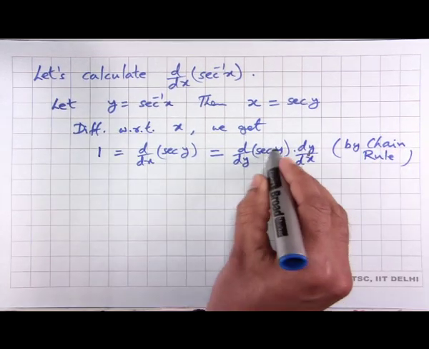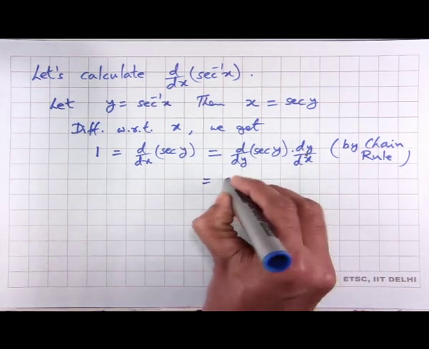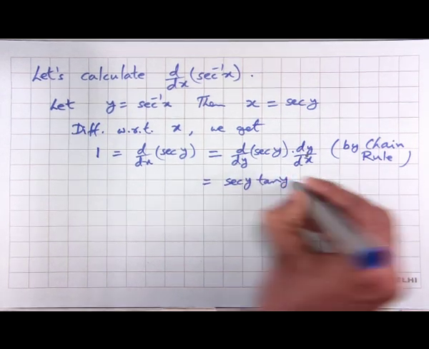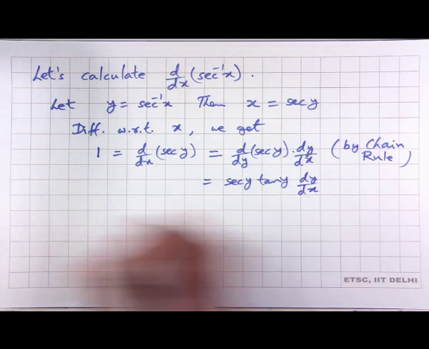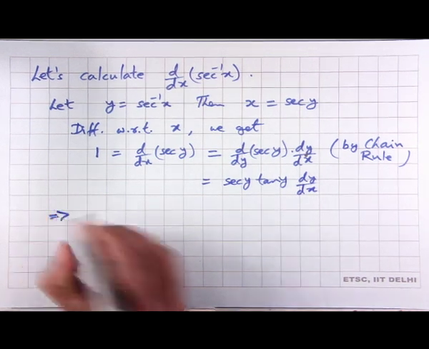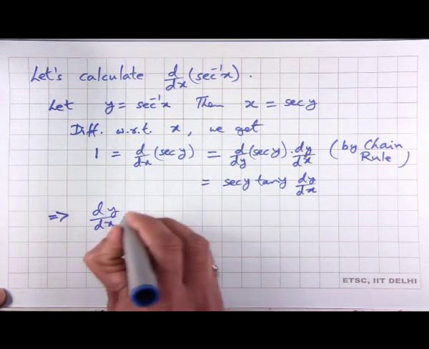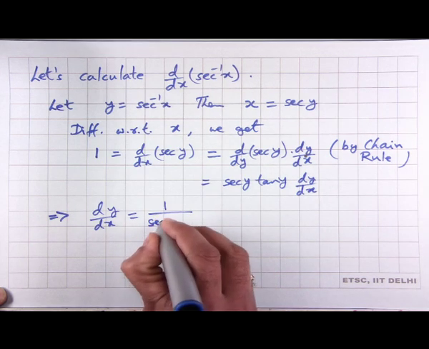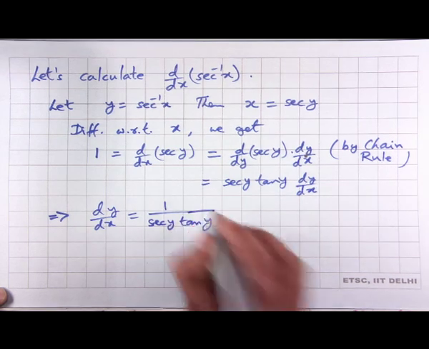But what is the derivative of secant y? We know this is equal to secant of y times tan y times dy by dx. This implies the derivative dy by dx is equal to 1 over secant y times tan y.